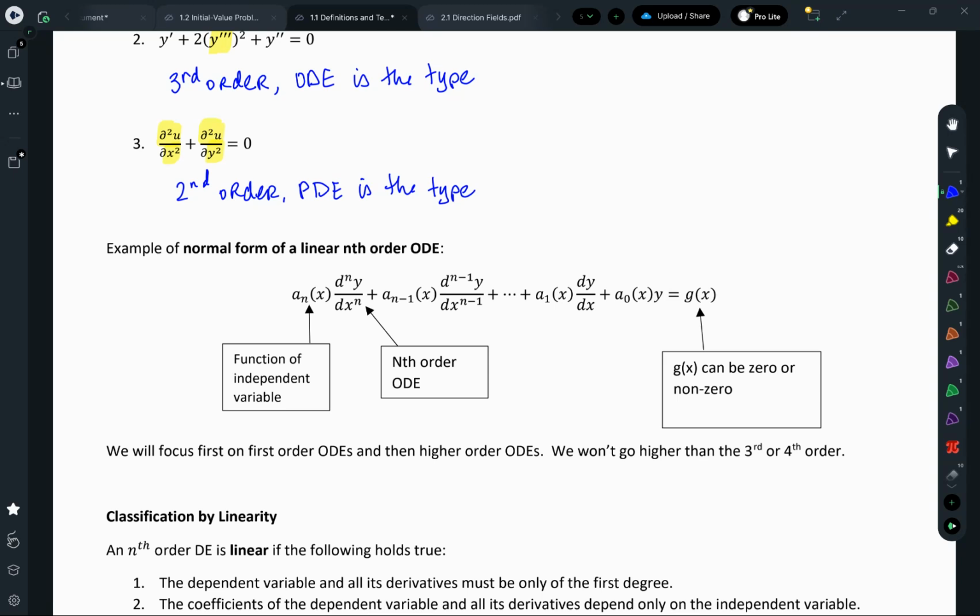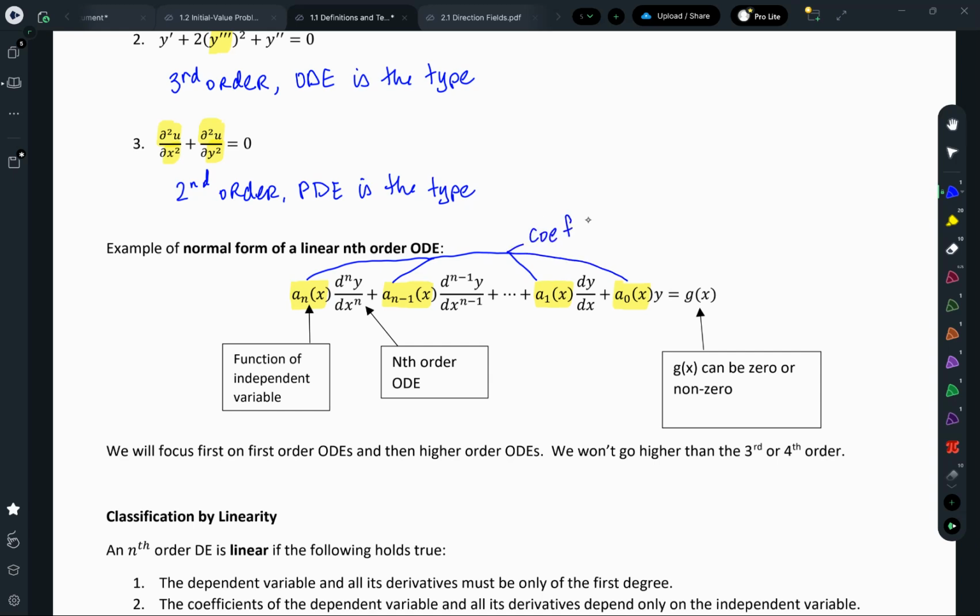We also need that all of the coefficients, so our coefficients in this case are called a sub n of x, a sub n minus 1 of x, all the way down to a sub 1 of x, down to a naught of x. Those are all the coefficients of the dependent variable and its derivatives.